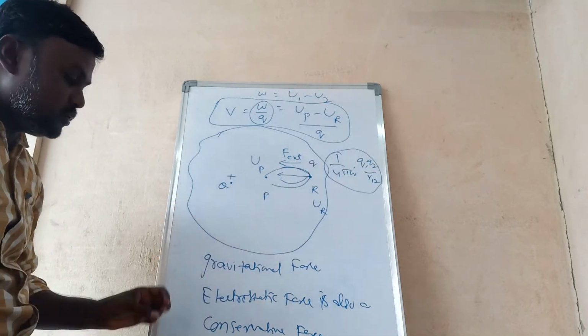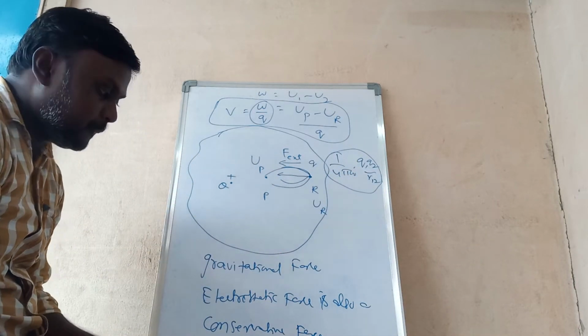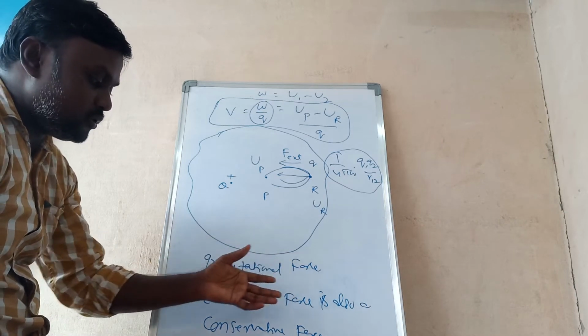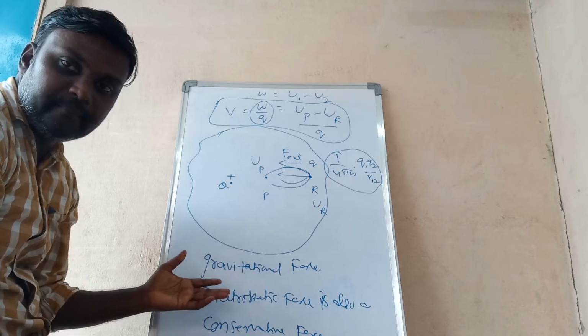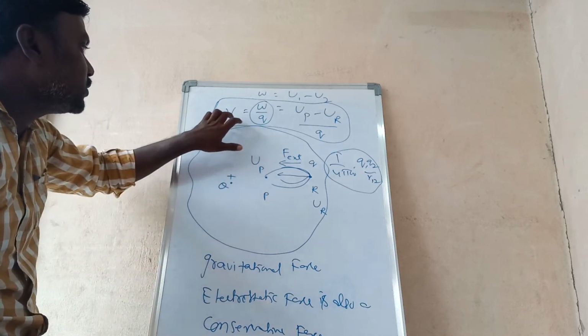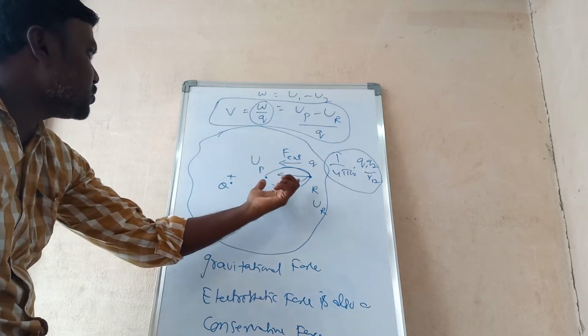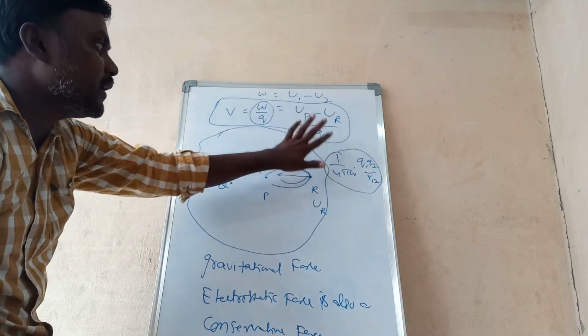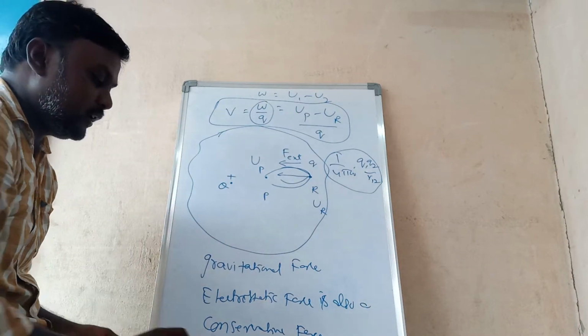So here the main concept is, like gravitational force, electrostatic force is also a conservative force. So based upon this, the electrostatic potential difference between these 2 points is equal to UP minus UR by Q.